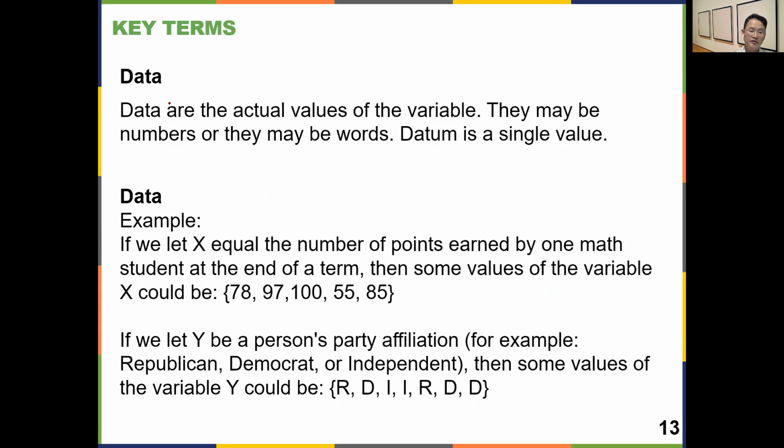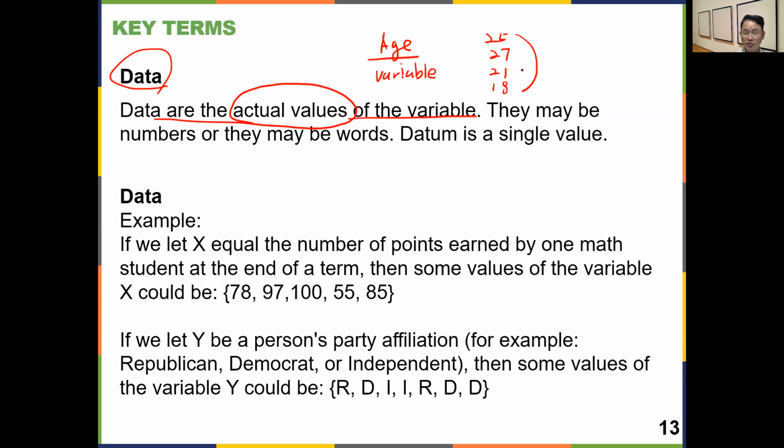Data. We talked about data, but what is it? Data are the actual values of the variable. Let's say we talked about age. If age is a variable, then the actual ages, like 25, 27, 21, 18, all these actual numbers, actual values, these are data, right?